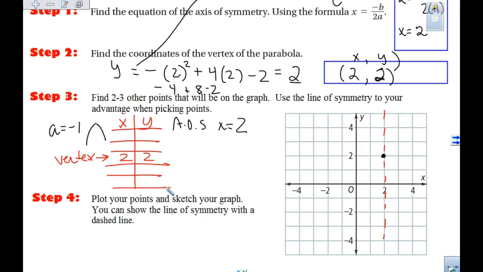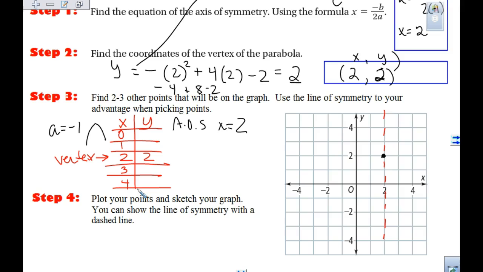Why do I want the vertex in the middle? It's going to always be symmetric for a quadratic. So if I pick 1 and 0 for my other x, 1 and 0, on this side I would want to pick 3 and 4. And I'm not even going to solve for all of them. I'm only going to solve for 2 of them because it should be symmetric.